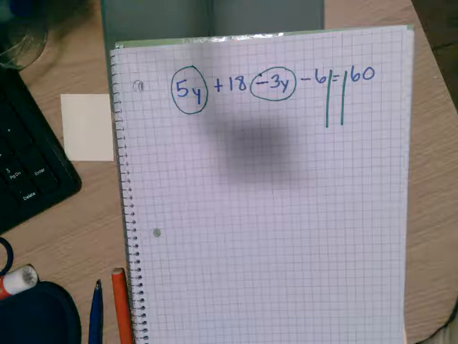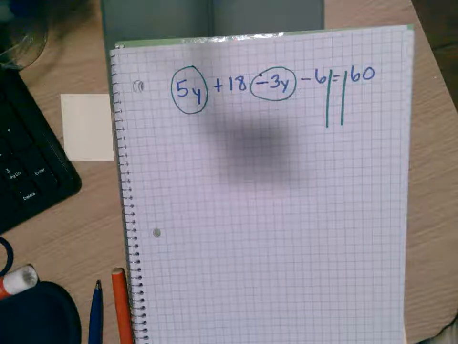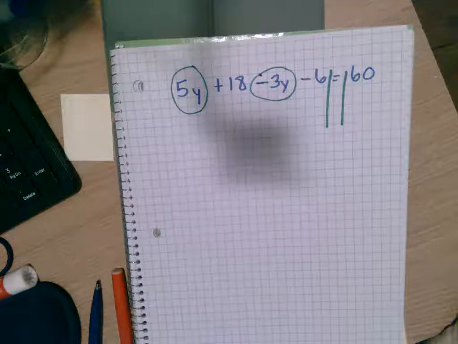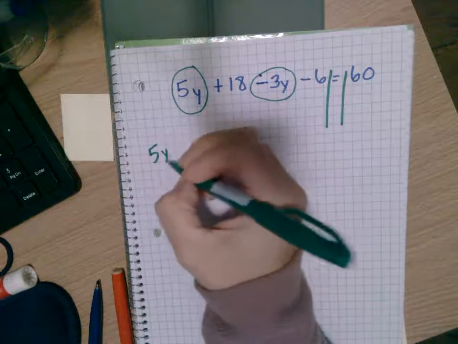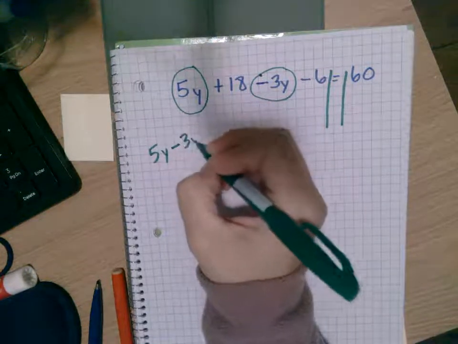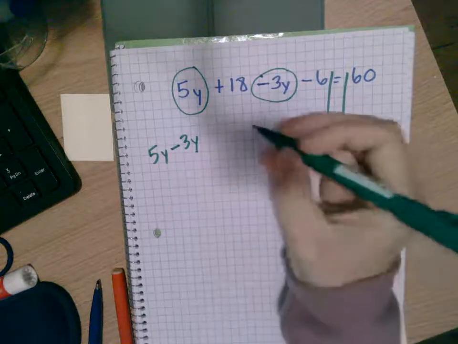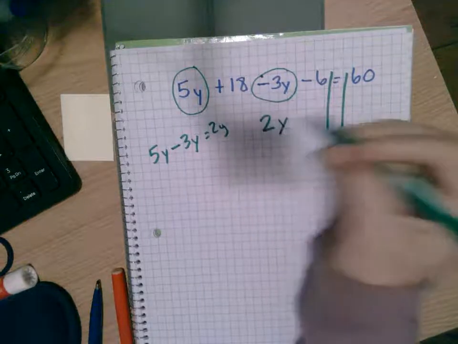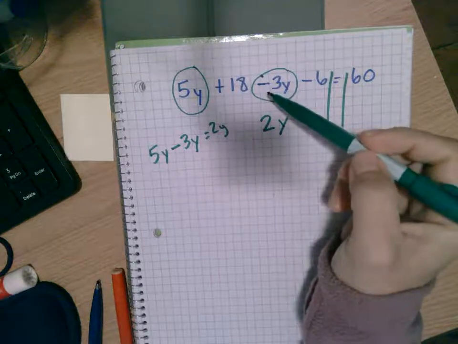So what is 5y minus 3y? 2y. Because it has a minus, so you have to take it away.